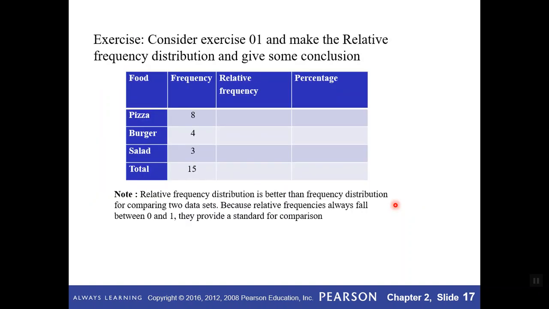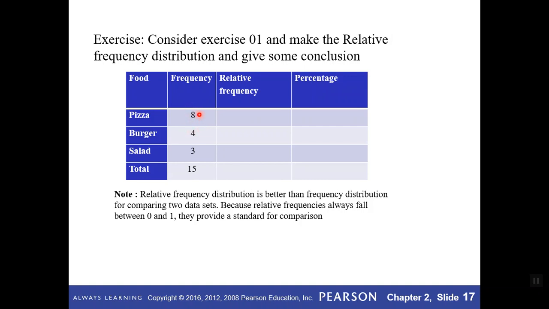Okay, consider this example. Pizza, burger, salad, the same example we have discussed before. There are 8 pizzas, 4 burgers, and 3 salads. Altogether, we have 15 foods or 15 preferences. So what is the relative frequency for pizza?